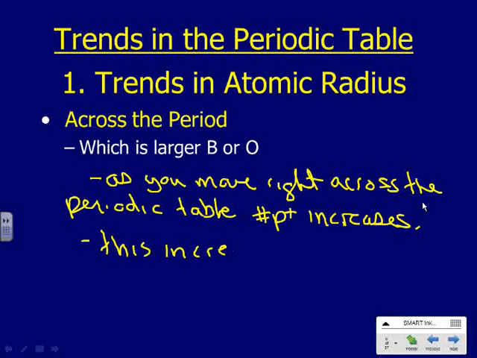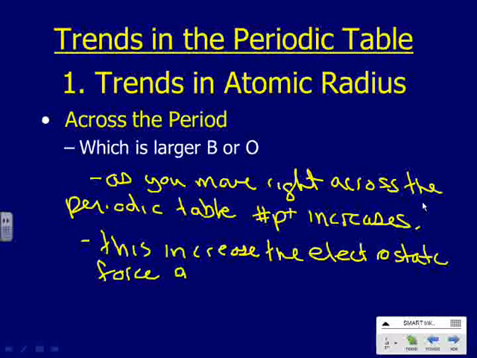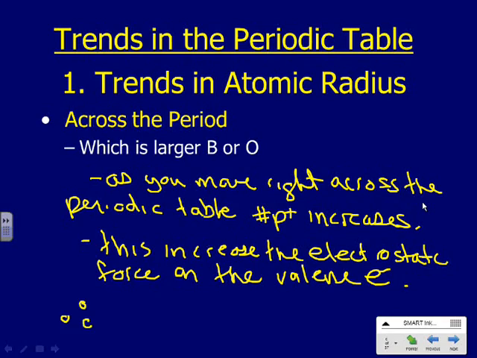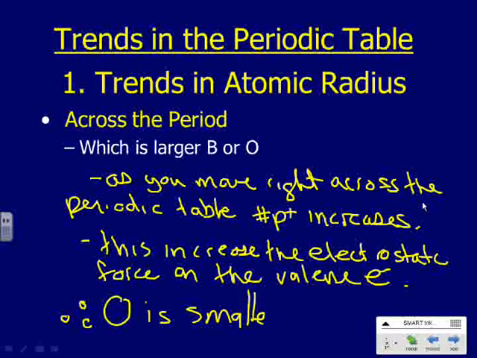This increases the electrostatic force on the valence electrons. Therefore, oxygen is smaller, right?